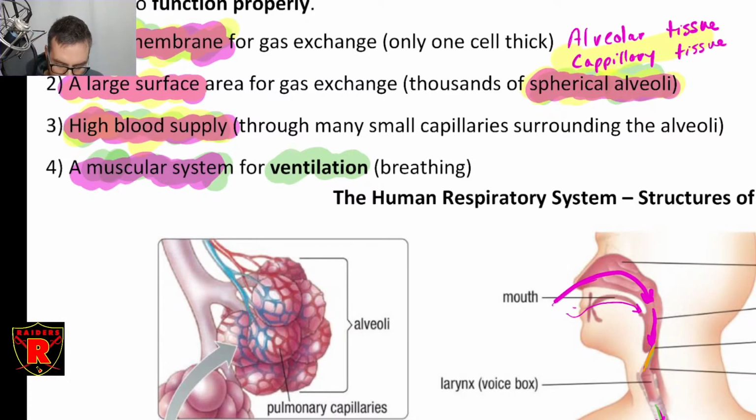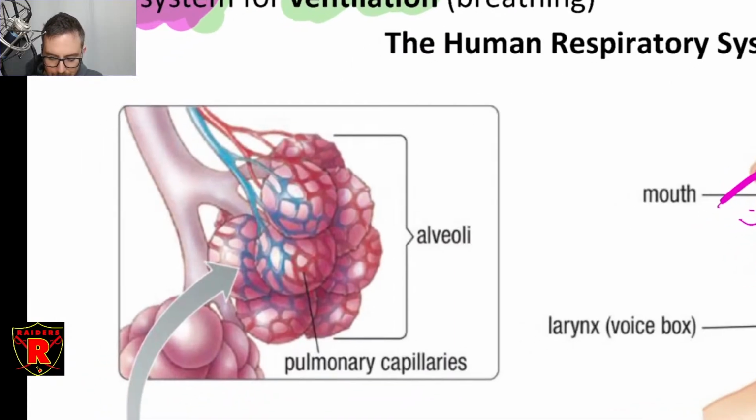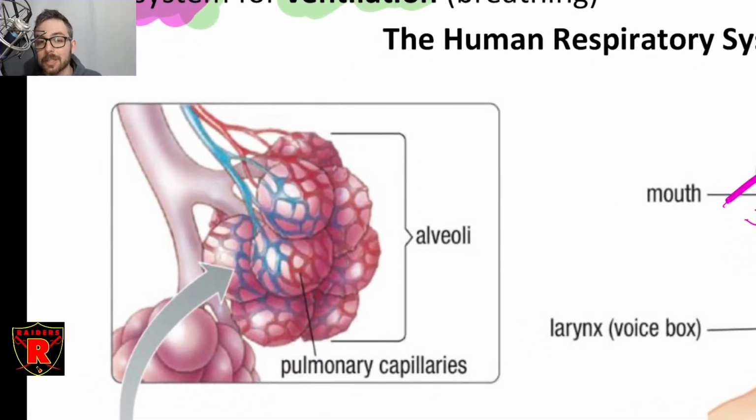So if you were to actually zoom in on an alveolus, you would notice that it is absolutely covered in capillaries. There are many, many capillaries running throughout your lungs. It is extremely vascularized, and that's one of the reasons why it's so difficult to operate on lungs, because when you cut this tissue, there is blood coming out everywhere. There are small blood vessels everywhere inside the lungs.